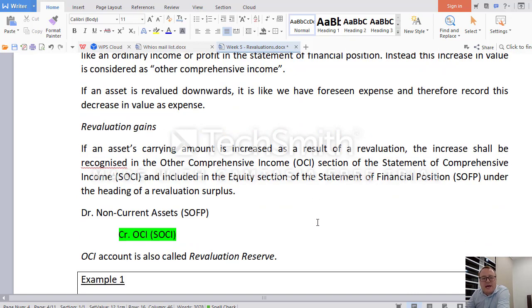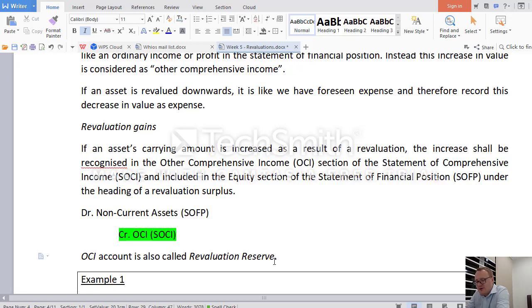So, revaluation gains. What's the entry? You debit your asset in the statement of financial position and you credit the statement of comprehensive income, SOCI. And the name of the account would be Revaluation Reserve or Revaluation Surplus.